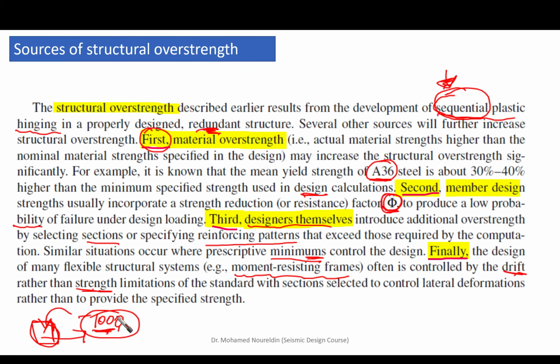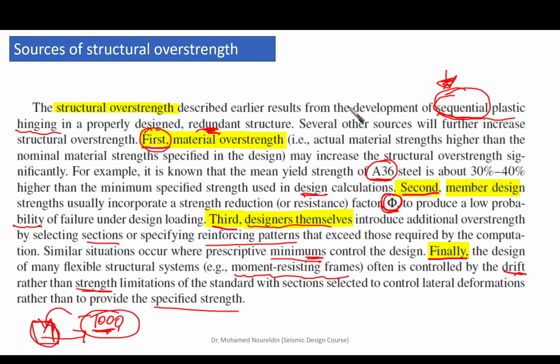That's the point: the drift is going to control, especially for moment resisting frames. It controls the design strength limitation of the standard, with sections selected to control lateral deformation rather than to provide specified strengths. That's right, because we have some limitation for the drift for the moment resisting frame. So based on this, we are going to put this limitation.